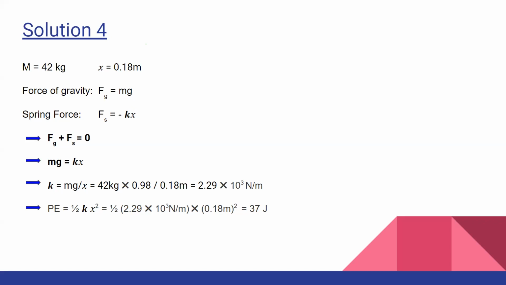We know that there is, again, no net force when it's stretched to its max value, so we have Fg is equal to Fs, or like the magnitudes at least. By the formulas, Fg is equal to mg and Fs is equal to negative kx. We get mg has to equal kx in order for the net force to be 0.